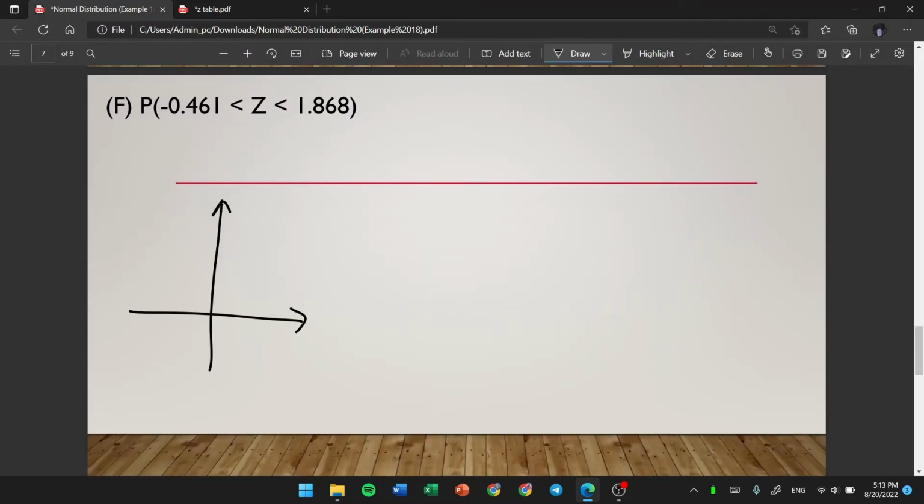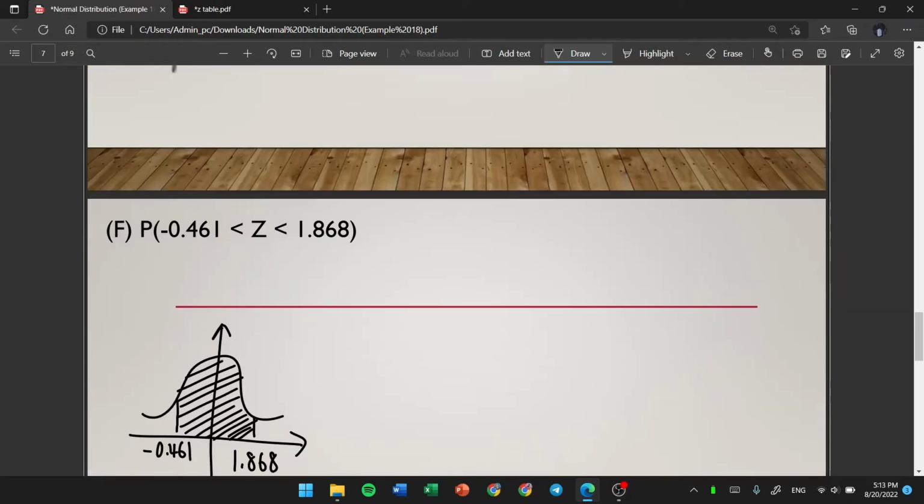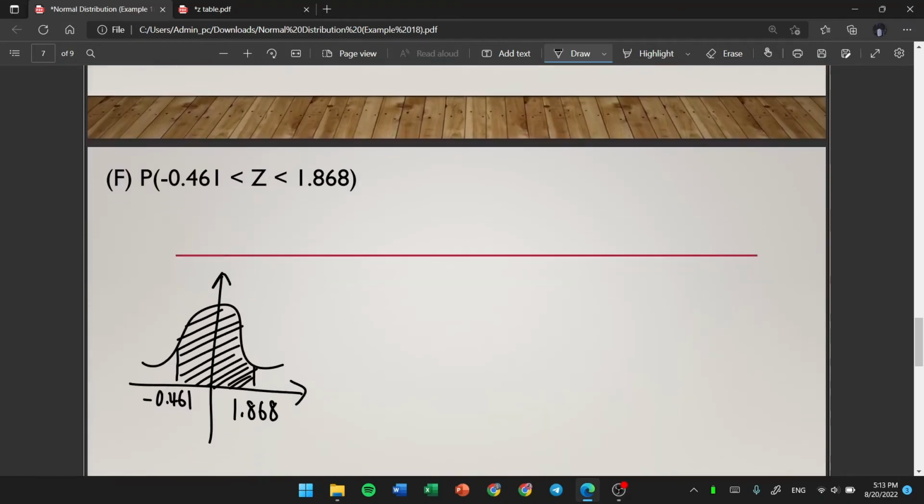Draw bell shape. Okay, negative 0.461 here, positive 1.868 here. Okay, this is the question that I didn't have time to do the other day. So we shade this one region, right? Now when you get something like this, you cannot say 0.5, because there is already area on both sides. So how do we do this? Okay, for this one, the whole thing is 1, right? Yes, the whole thing is 1.